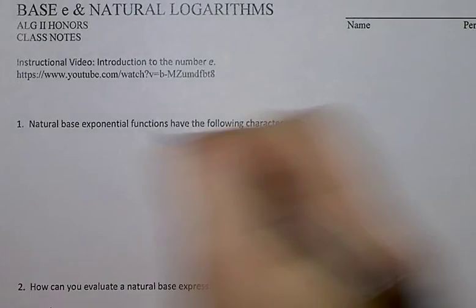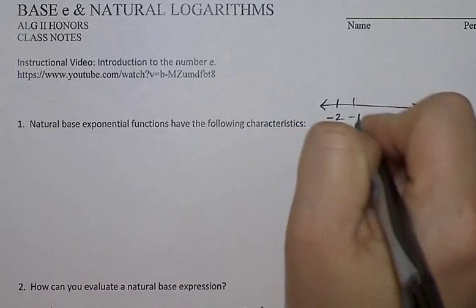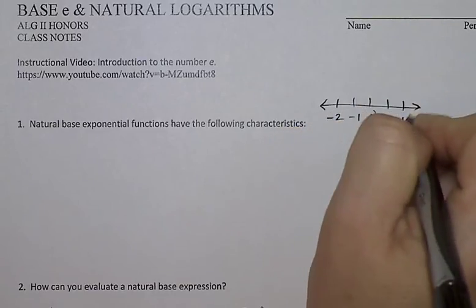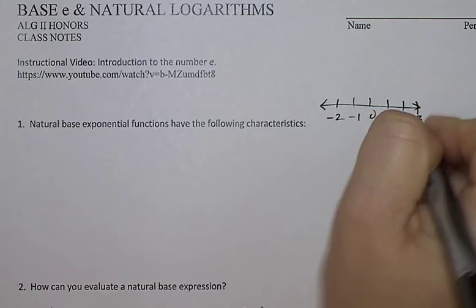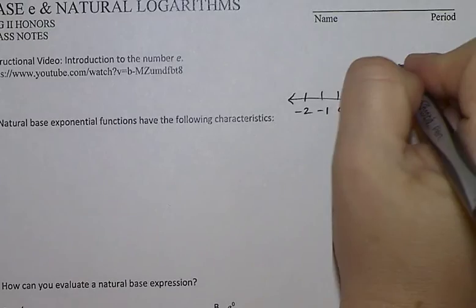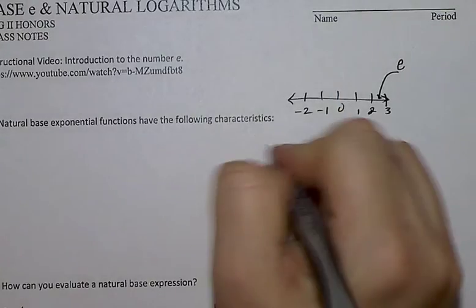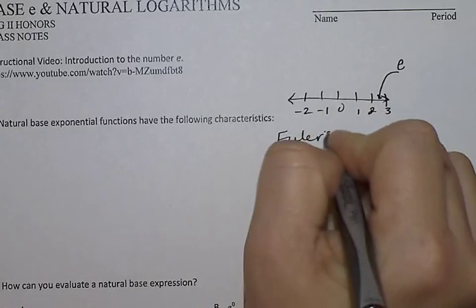So on the number line, we often focus on integers, right? And there's a number that lies right here that's irrational, and it's actually the number E. E is referred to as Euler's number.